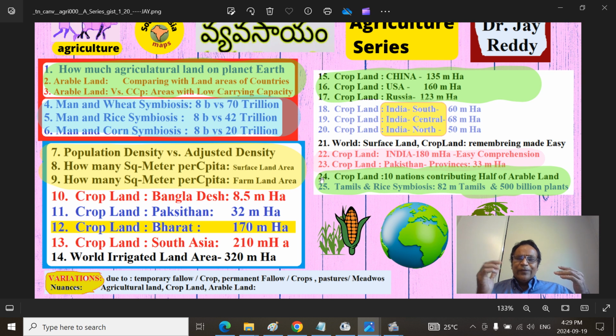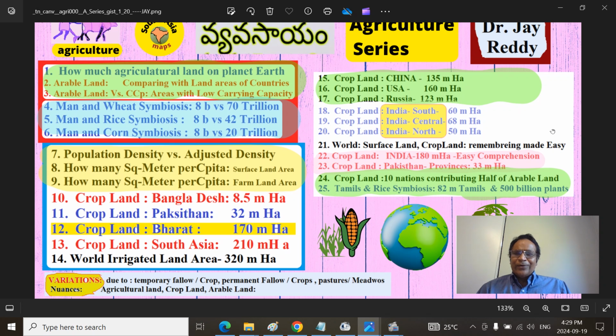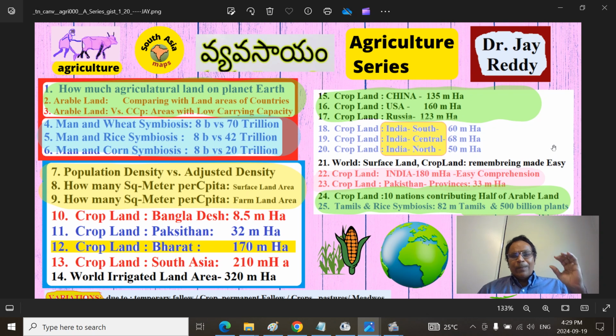If you add them to the cropland, that becomes agricultural land. Agricultural land is always bigger, and in some countries it's drastically higher compared to cropland. Those nuances you have to keep in mind. Cropland is always smaller than agricultural land. So we are talking about the cropland in Russia. Remember, generally these are in hectares, and we can talk in million hectares.